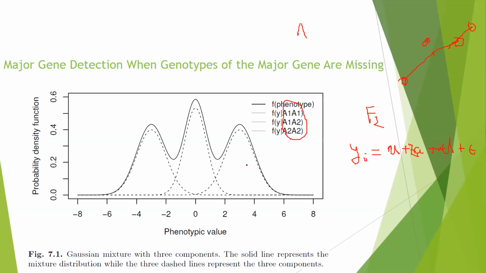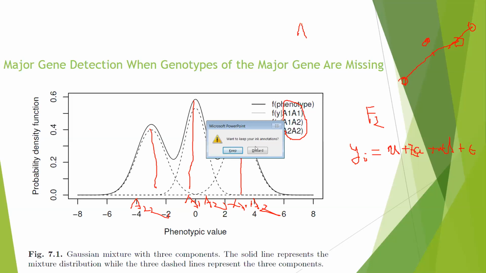So basically we can still understand: this one should be A1A1, this one should be A2A2, and this one should be A1A2. Okay, got it. Very good question. Any other questions here? No. Okay, good.